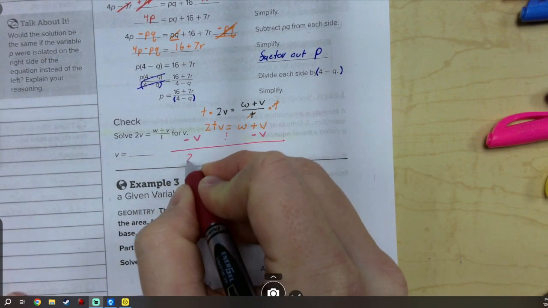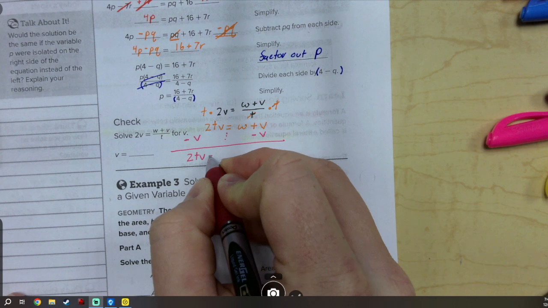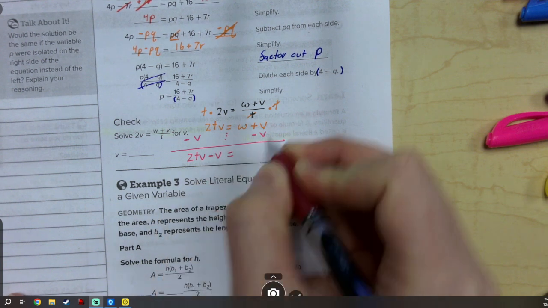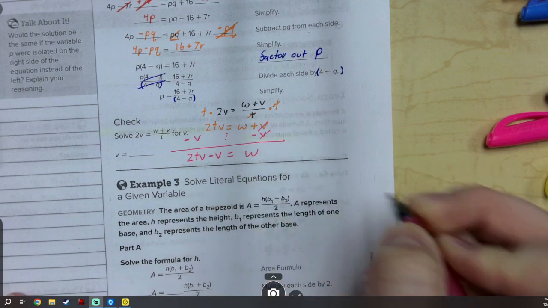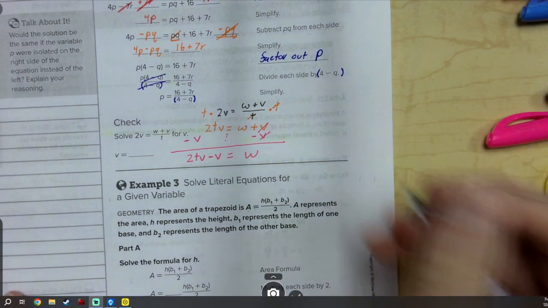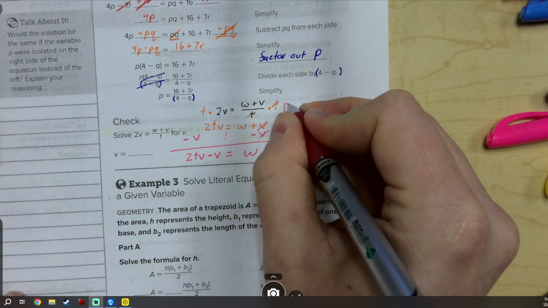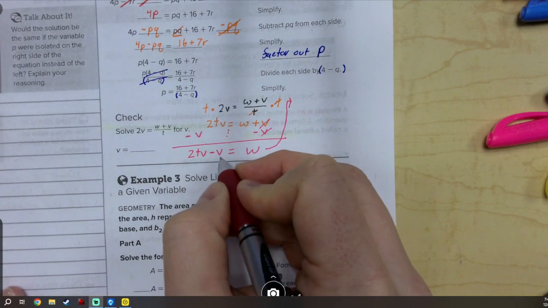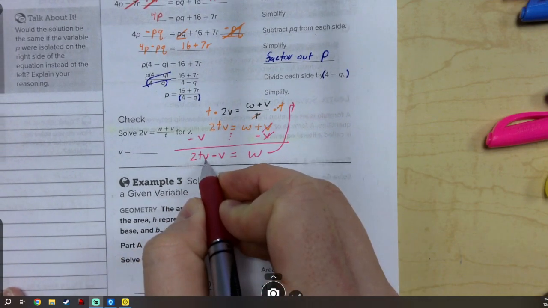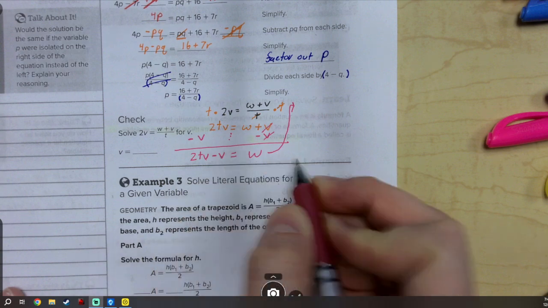So I'm going to have 2tv minus v equals, cancel, w. Now what I'm going to do is I'm going to factor. I see that there's a v here and a v here.